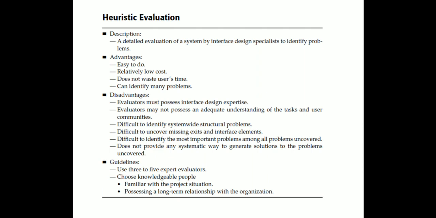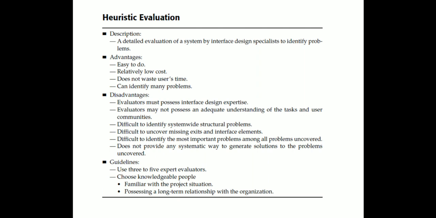Finally, this method does not provide any systematic way to generate solutions to the problems that are left uncovered. So, therefore, it is suggested that the optimum expert group size to satisfactorily perform a heuristic evaluation is fixed at 3 to 5 people.